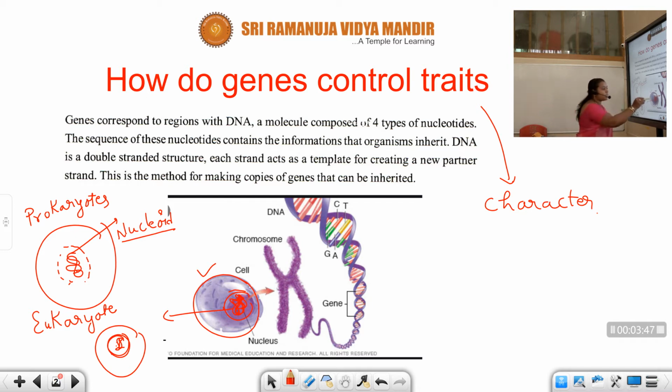So we can visualize the presence of fiber network-like structures within the nucleus. That material is nothing but the chromatin material. Now with the help of X-ray diffraction studies, Watson and Crick gave the structure of DNA as the double helical model of DNA.